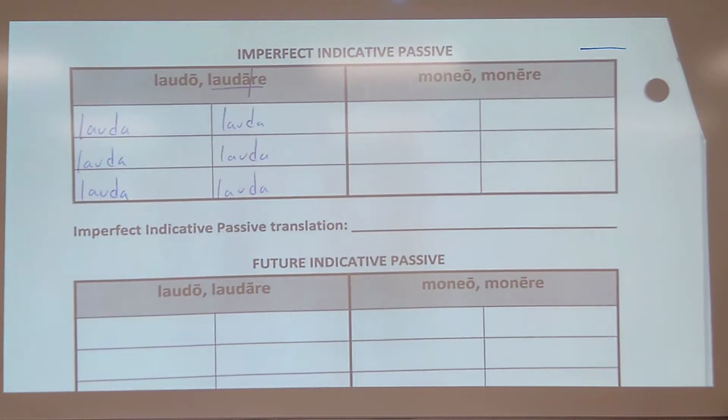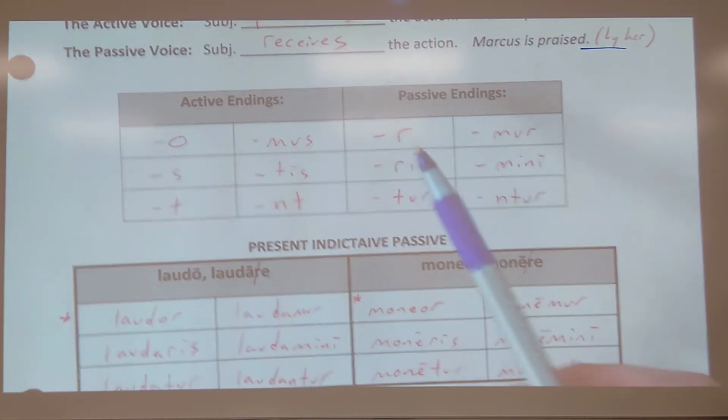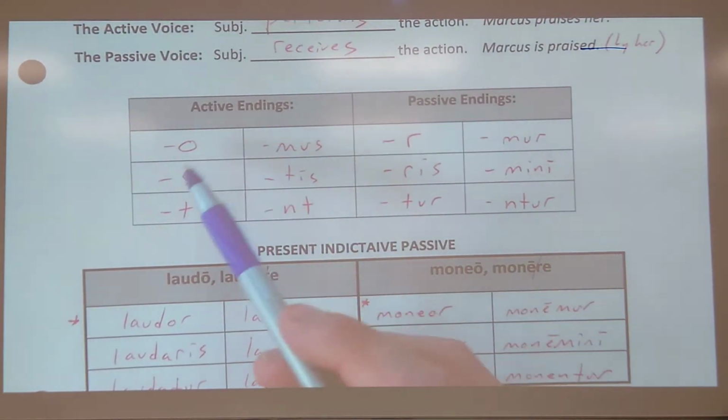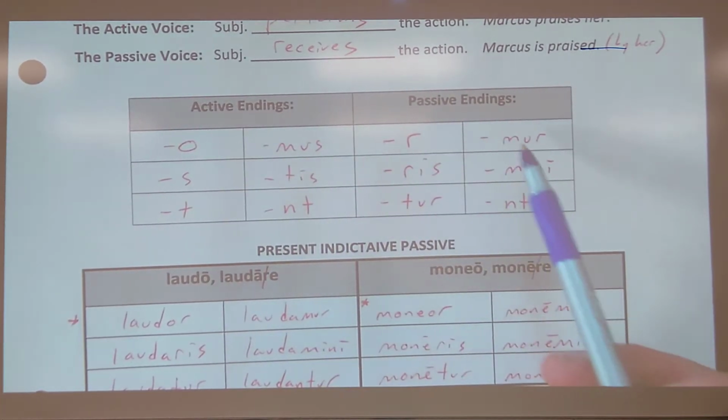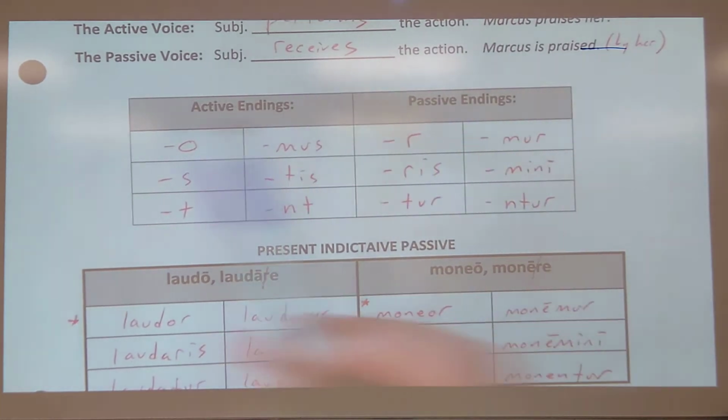All right? Now, I want you to think back to the last lesson, on page 1, where we showed our new passive endings contrasted with the active endings. You notice we don't have a tense here.